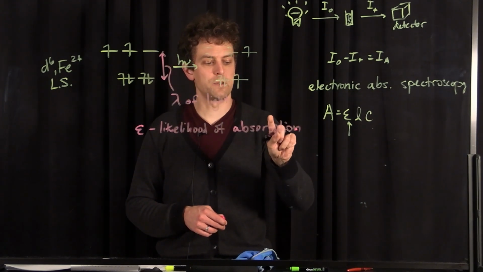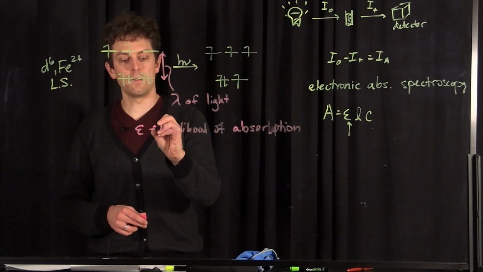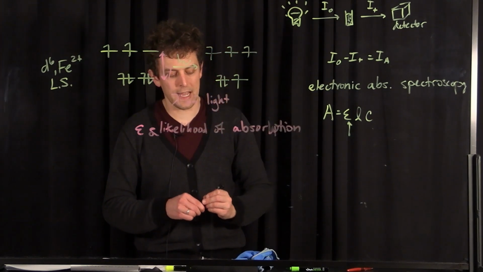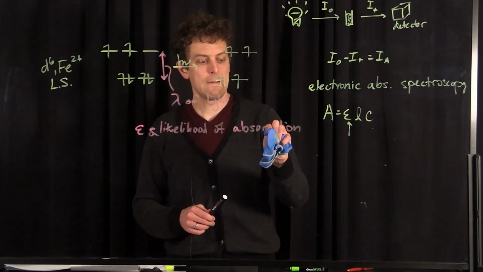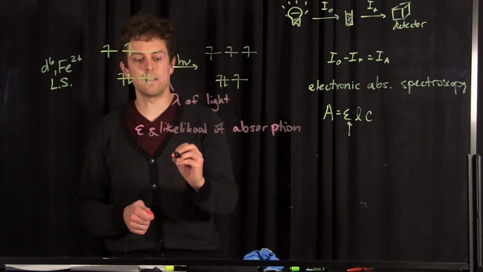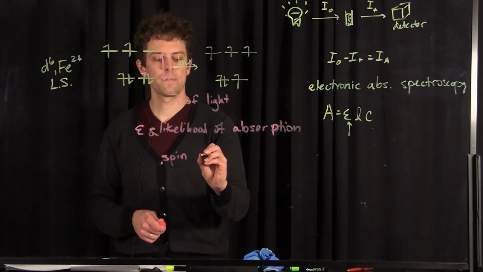I spelled it wrong, there's no B. Epsilon is proportional to the likelihood of absorption. It is not exactly the likelihood of absorption. And that's based on two important factors. The first factor is, is it spin allowed? There's a spin selection rule.